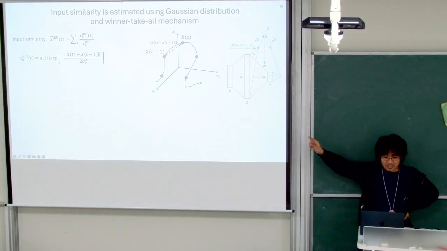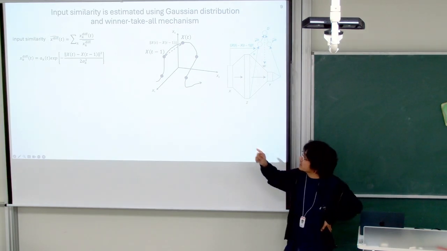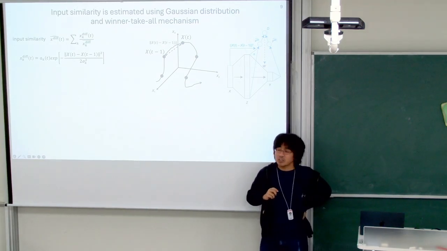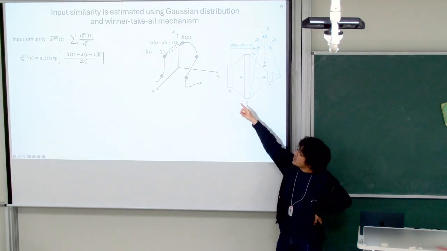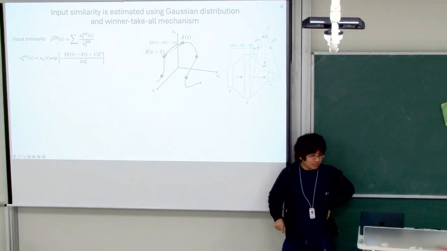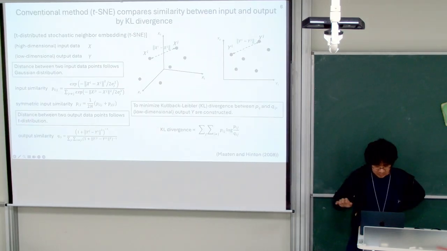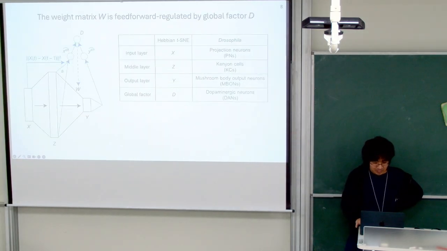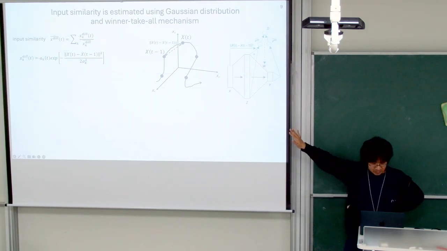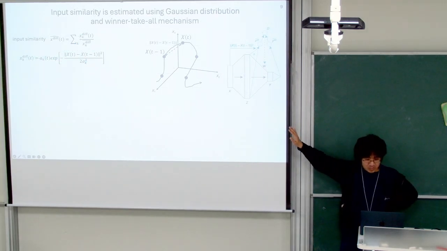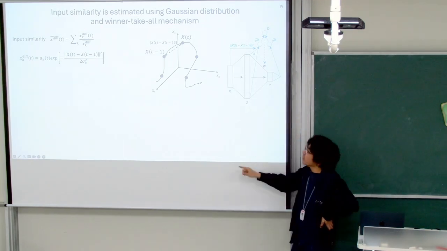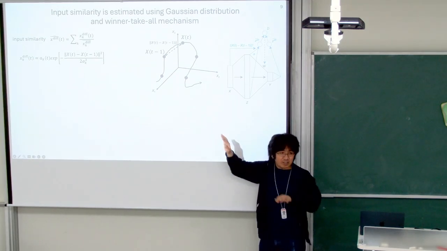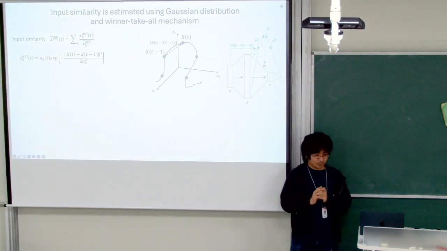If similarity is defined as a Gaussian distribution between neighbor time steps, a conventional method is not limited in time steps, but this new method is limited, and the distance is between neighbor time steps.